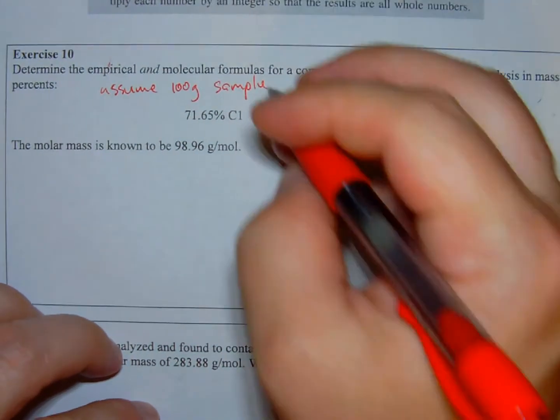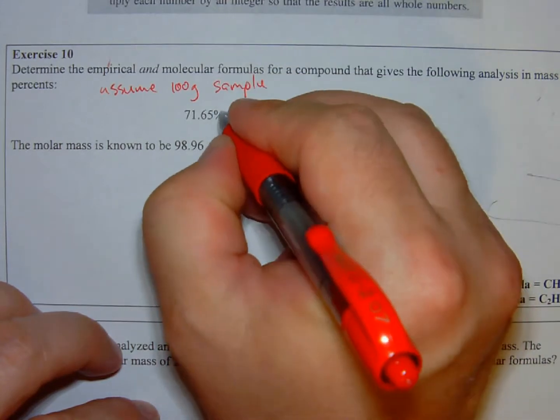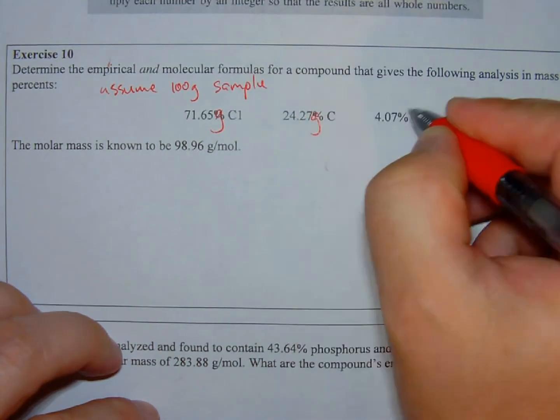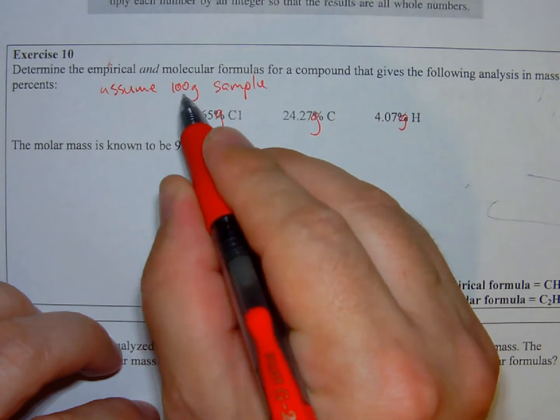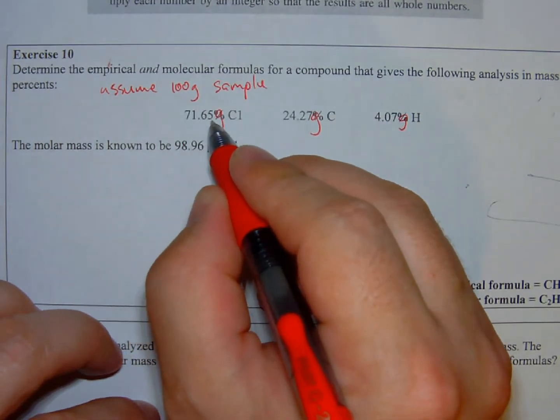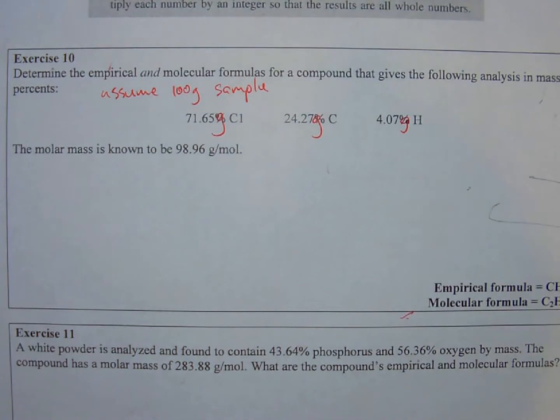Because what that allows you to do is get rid of these percentage signs and replace them with grams. Because 71.65% of 100 grams is 71.65 grams, right? So it's a very, very easy conversion to do.